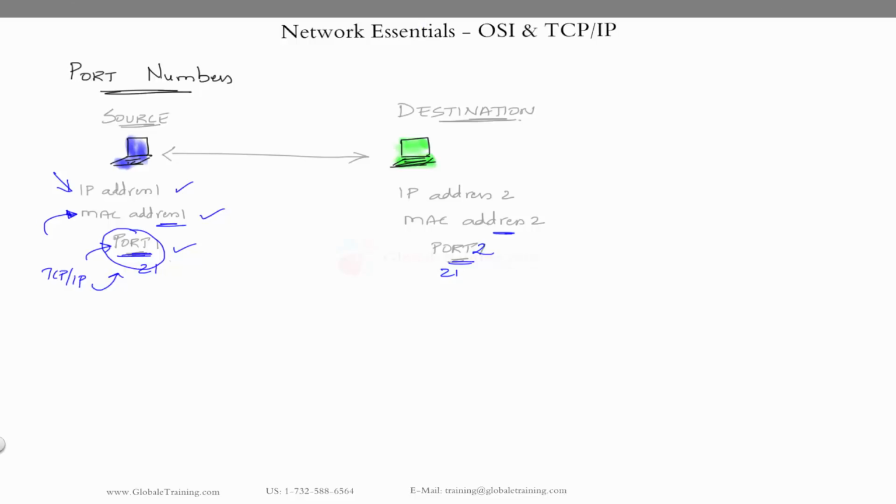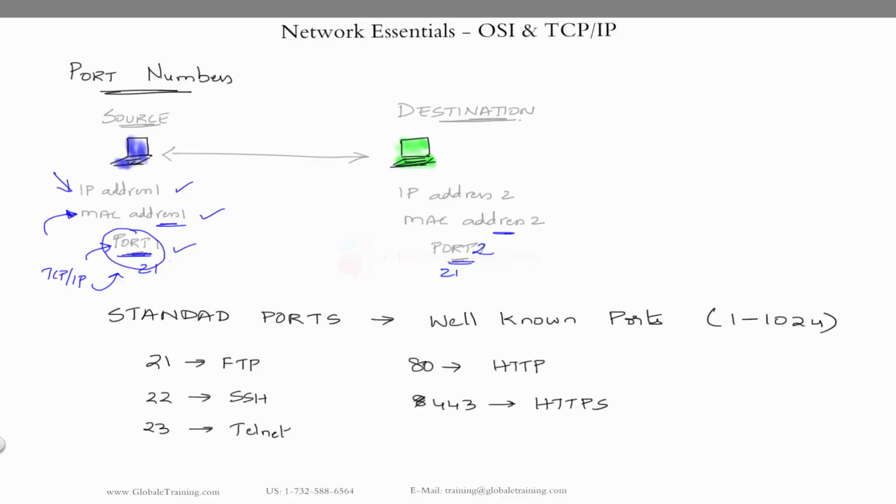Now, next thing. Standard ports are also known as well-known ports. Ports 1 to 1024 are referred to as well-known ports, and you're not supposed to use them for any other purpose.